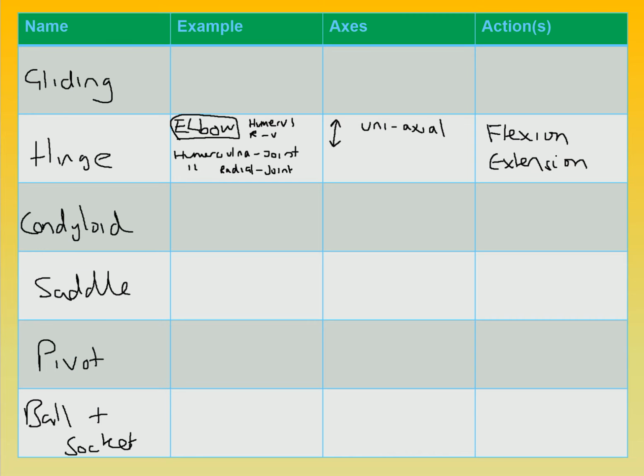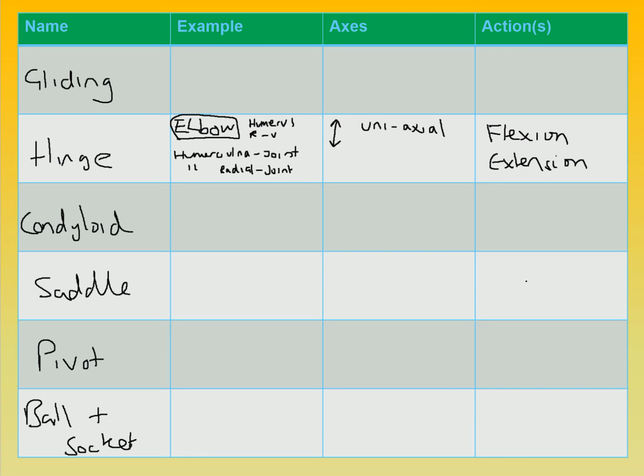And those are the movements that are allowed at any hinge joint. So that would be the knee as well. When you're kicking a football, toe poking a football, in the kicking phase, that's extension, and when you bring your leg back to try and toe poke it, that would be flexion.